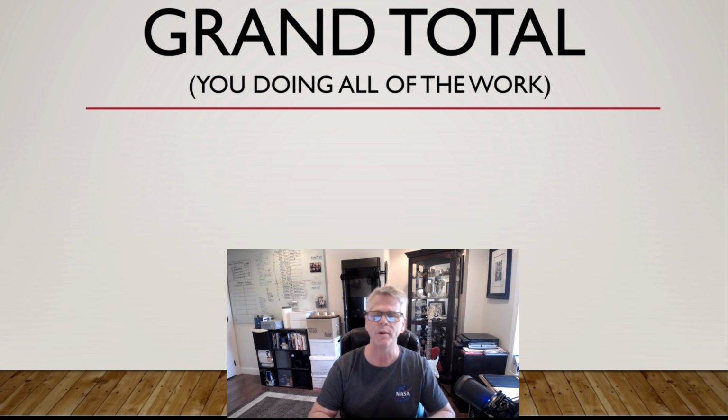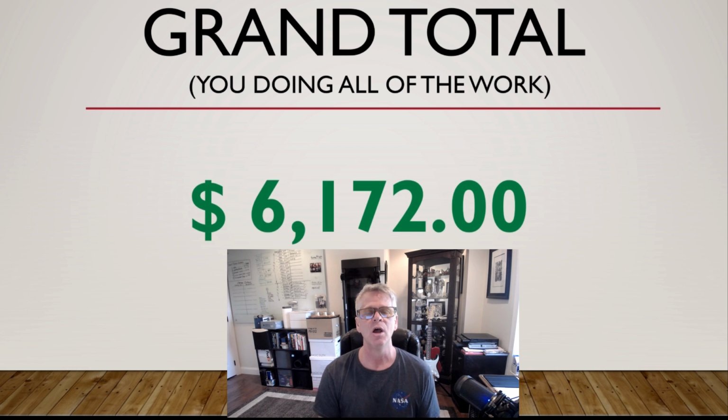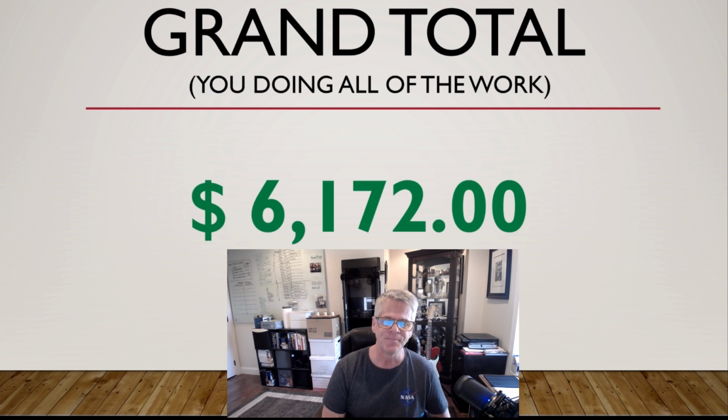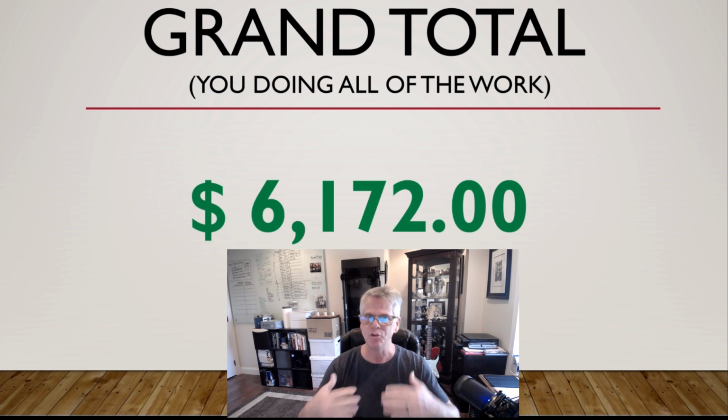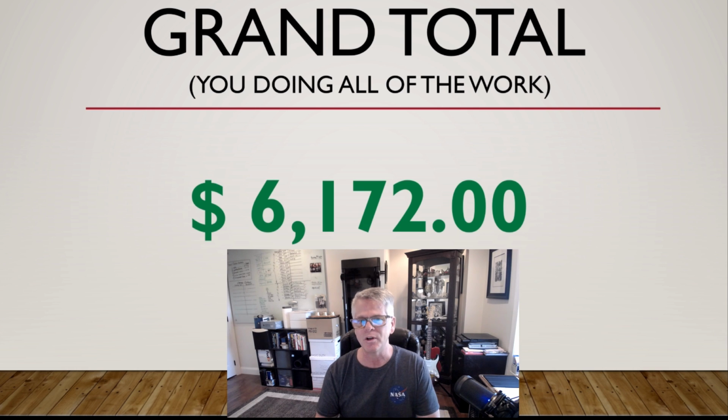And this is you doing all the work yourself now. All right? This isn't subbing anything out. This is you just buying all the materials that we just discussed, adding that total up. This is your price, $6,172.